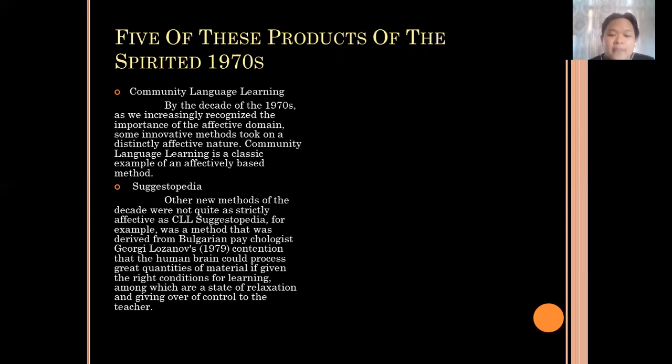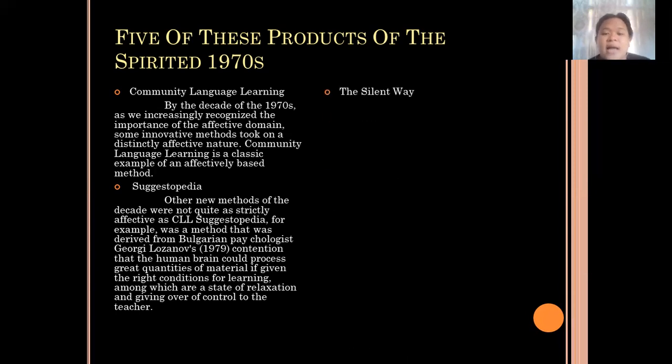Suggestopedia, for example, was a method derived from the work of Bulgarian psychologist Georgi Lozanov in 1979, with the contention that the human brain could process great quantities of material if given the right conditions for learning, among which are a state of relaxation and a giving over of control to the teacher.